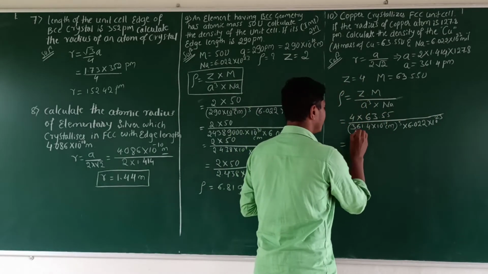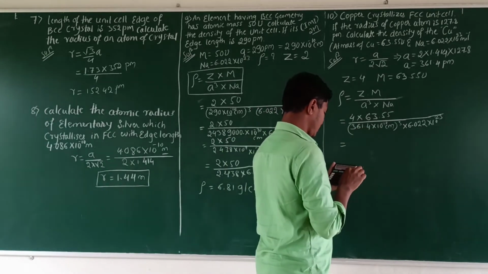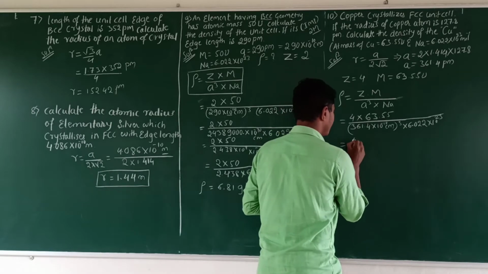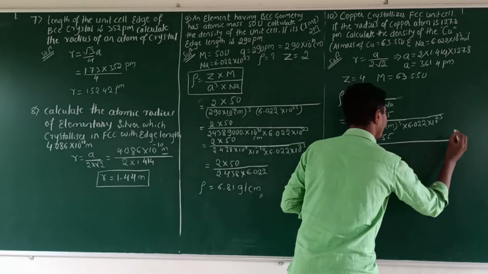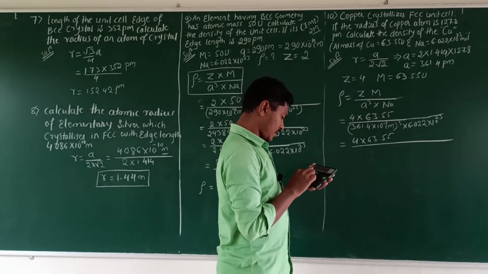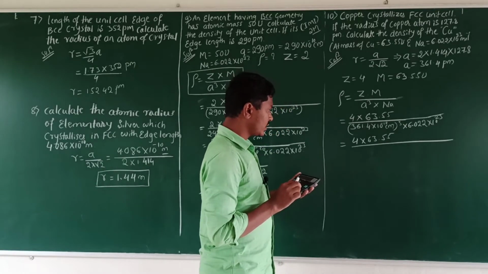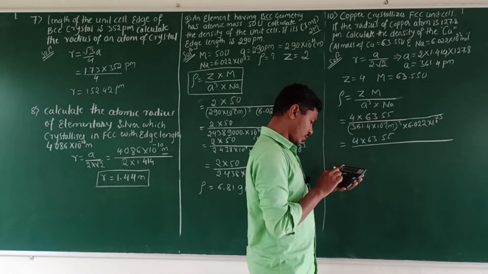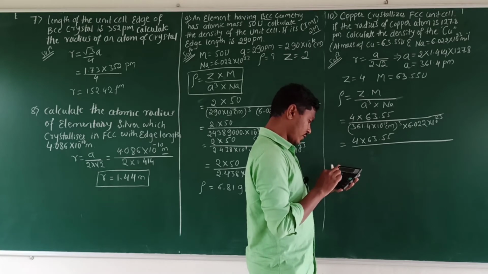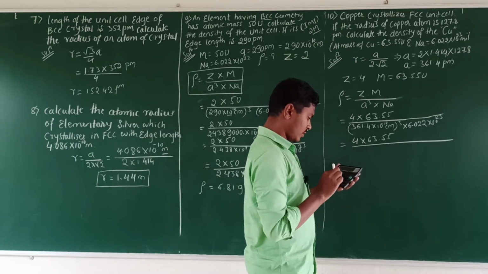When we calculate this term multiplied 3 times, writing as it is: 4 into 63.55 divided by 361.4 into 361.4 into 361.4. How much?